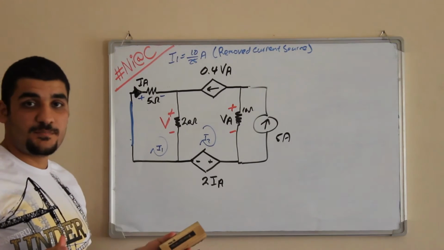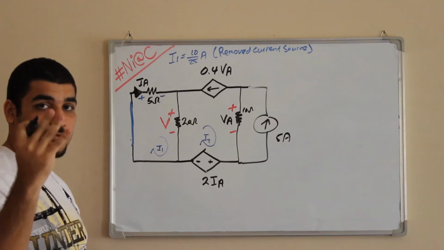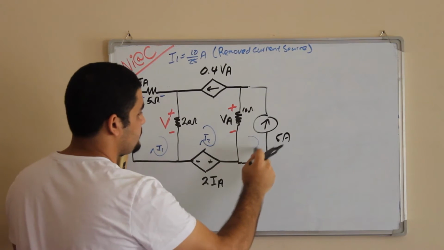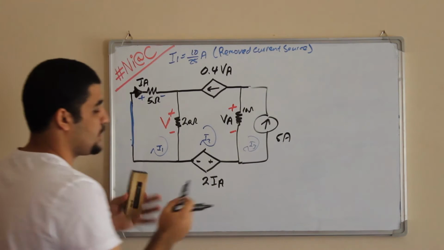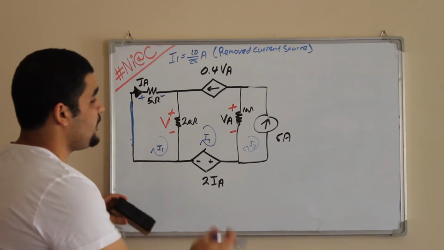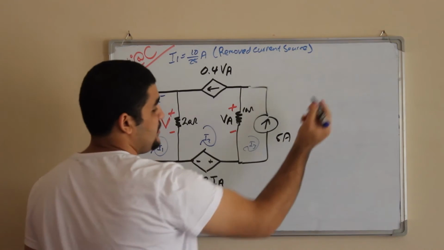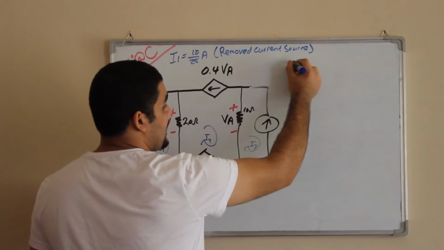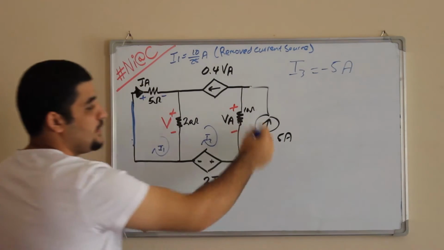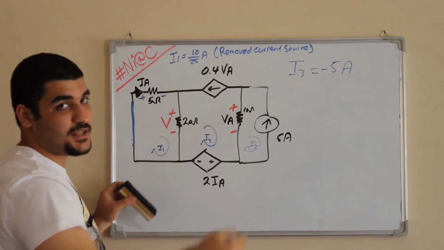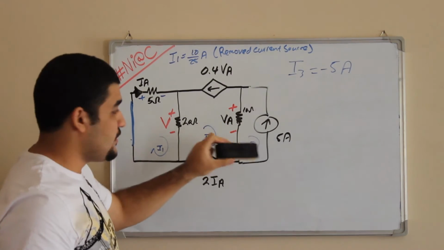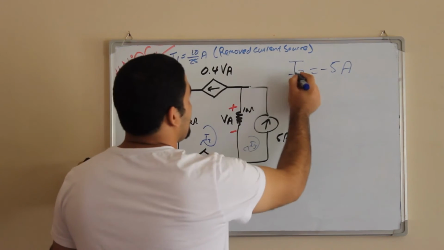We're going to solve it using mesh analysis, but now we have 3 loops: 1, 2, and 3. Okay, I3. Now, from this loop, you have to know that I3 is equal to minus 5 amps, because the arrow is in clockwise direction, and the current source is driving current in the opposite direction. Good.